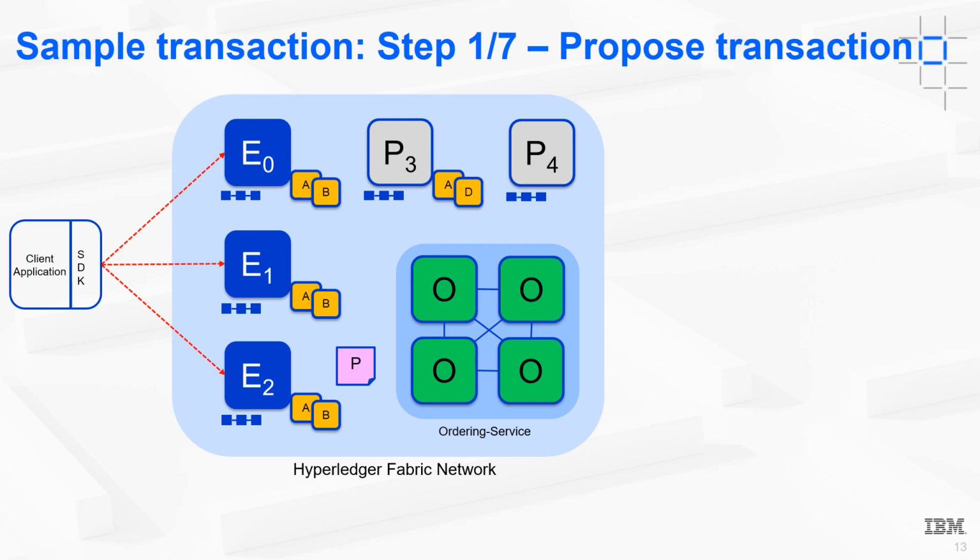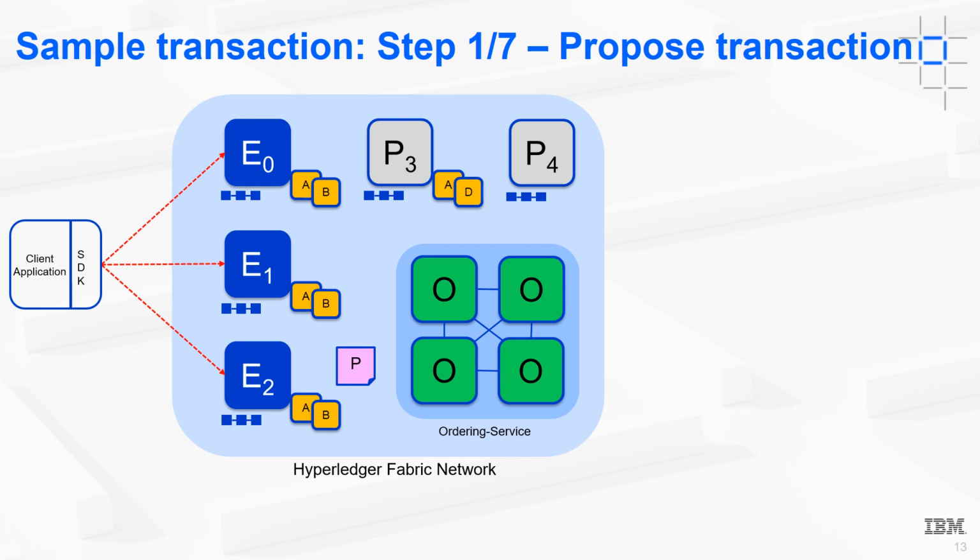Let's try to understand the figure first, right? What this Hyperledger Fabric network is all about. There are three nodes, E0, E1, and E2, which are doing the role of an endorser, and they are running a smart contract which is labeled as A, B. If you see, there are two blocks A and B running on E0, E1, and E2. That means the endorsement contract is running on E0, E1, and E2.